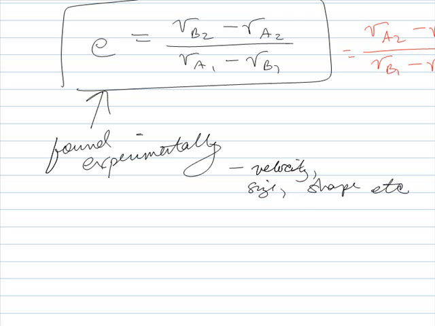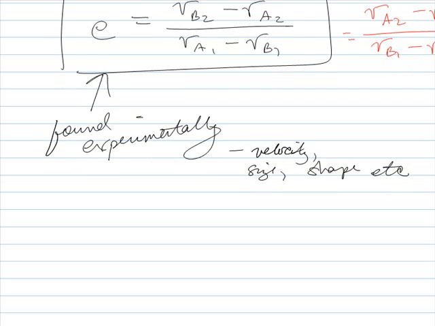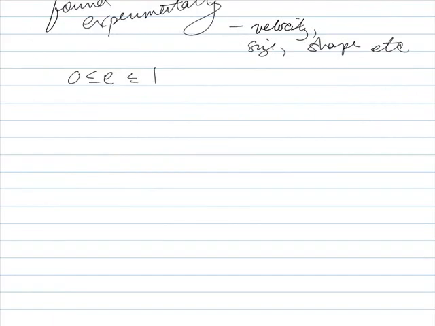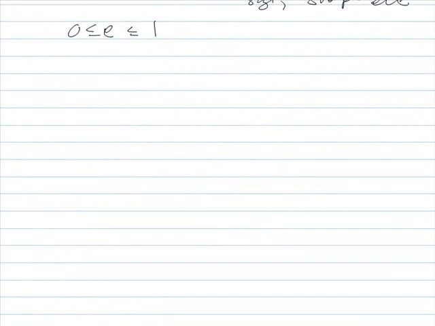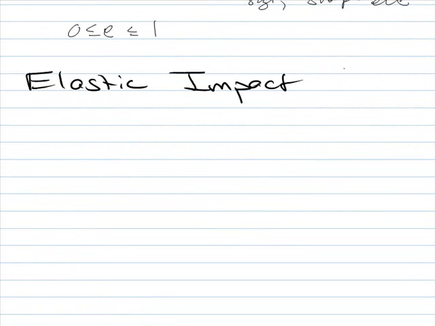So we've got a couple of different kinds, or different specificities. Remember I said that E can go from 0 to 1. And 0 and 1 are more theoretical, but we'll just go ahead and define them. One type that you have is an elastic impact. An elastic impact is when E is equal to 1.